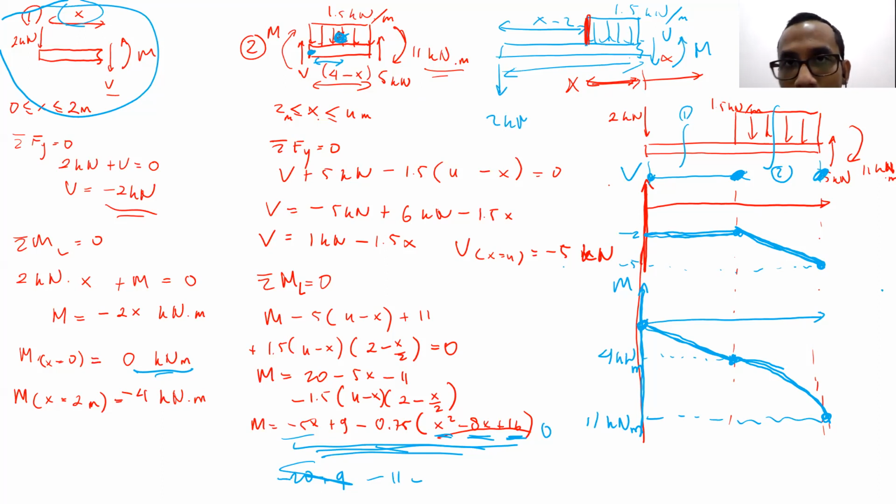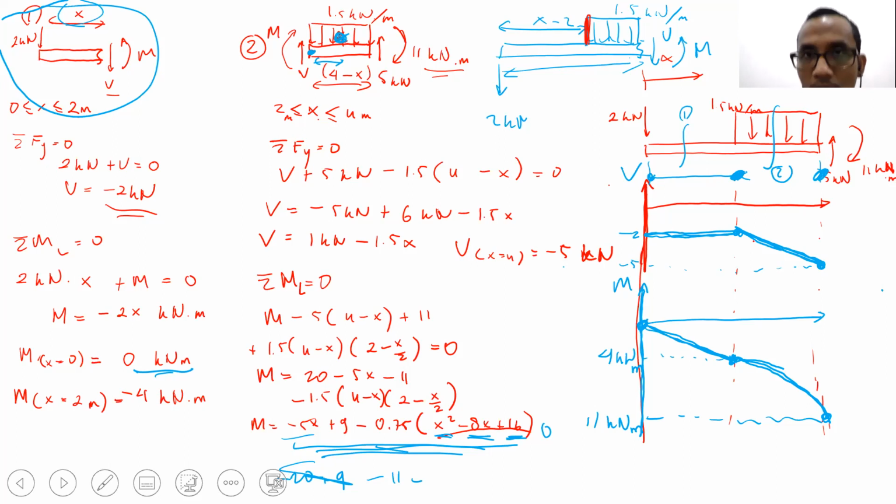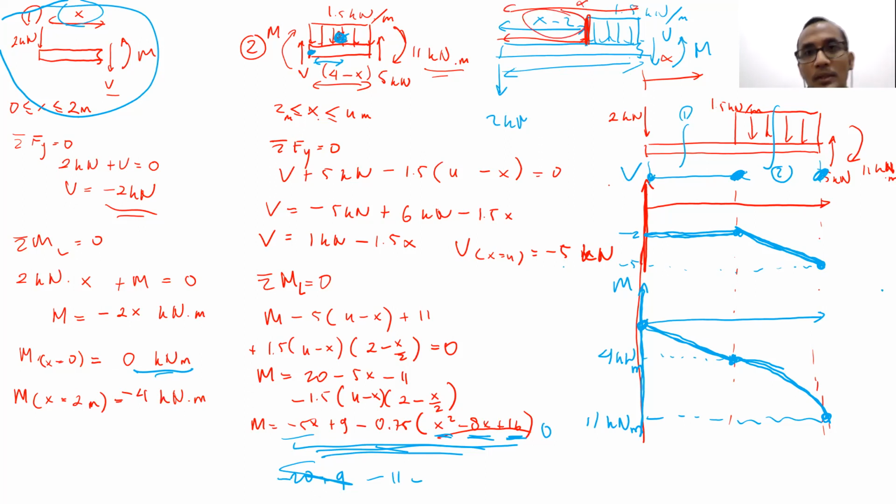This one is 2 meters, and this one is x. So that one is x minus 2, and the distance from here to here is x.